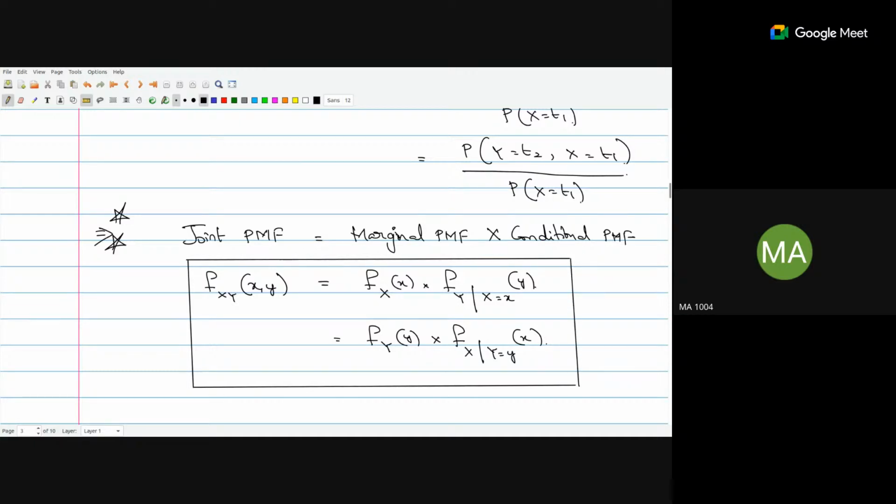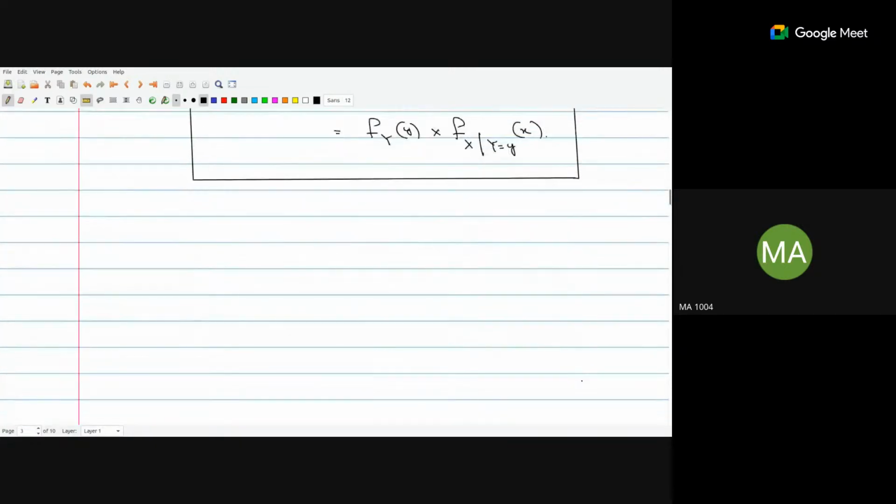This connection between joint, marginal and conditional is very important, and it will help us solve many problems. Sometimes, if you are unable to get the joint PMF, it will be easier to compute the conditional and marginal and take the product to get the joint. So this connection is very important, and noting that, we will look at the problem now.